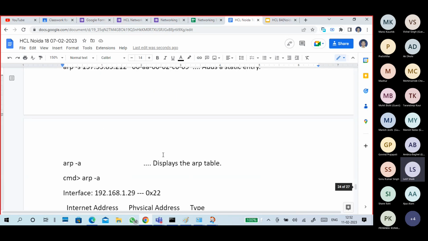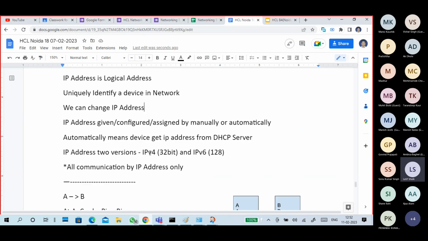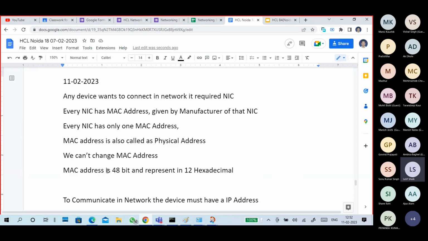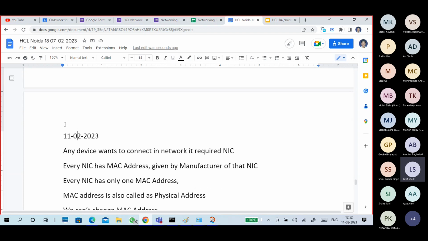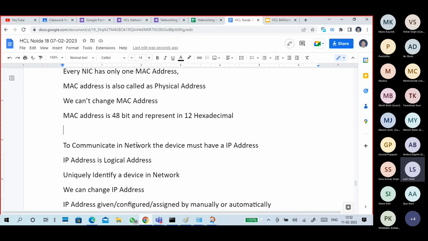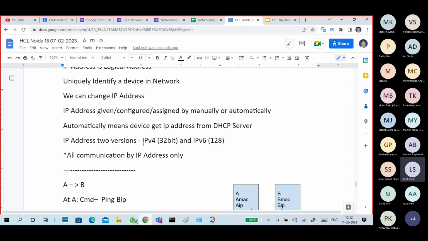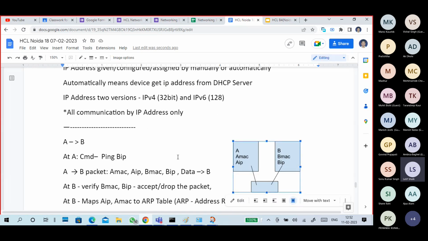In a network we have multiple types of devices. Different devices are there, so to communicate we have to identify a device. See, this is B, this is C, this is D. How will we be able to identify them? Just by looking at the names, right?